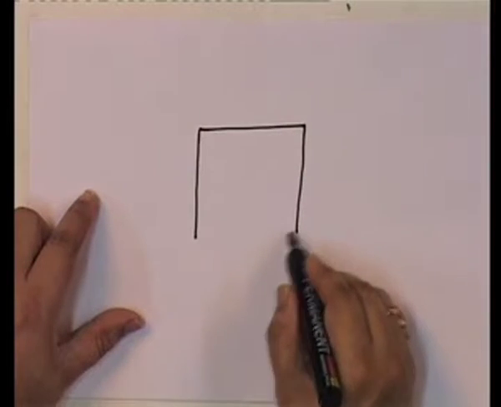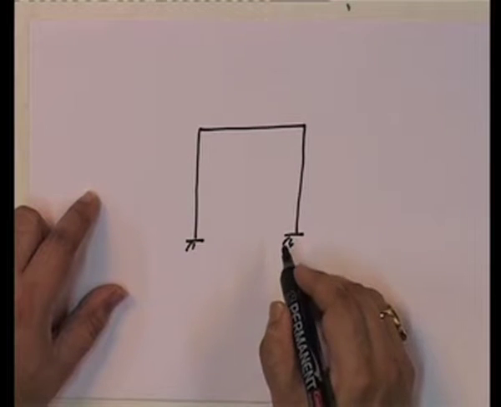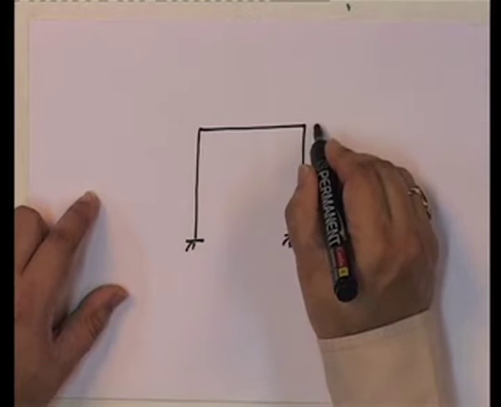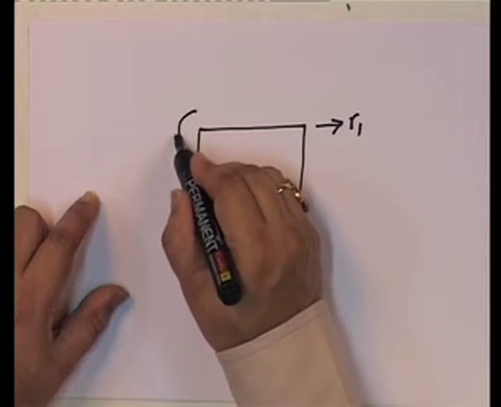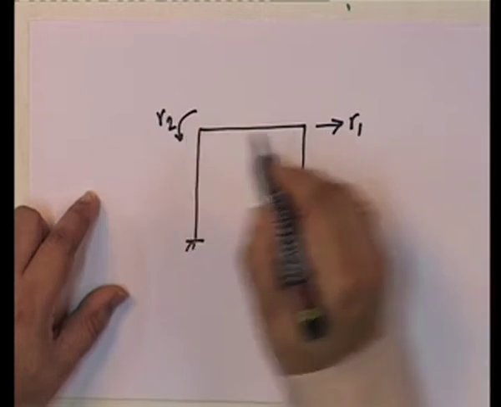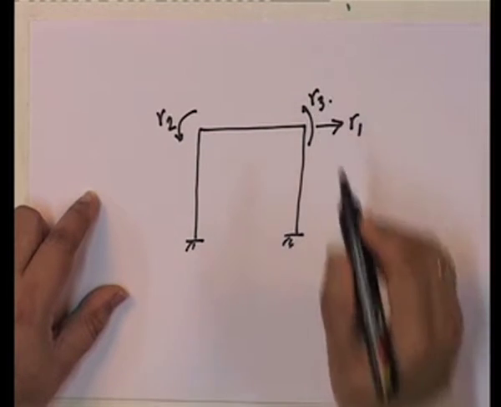So, now let me look at this situation. I define this as R1, R2, and R3.